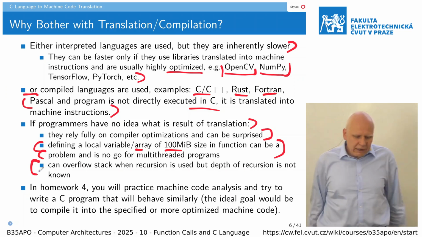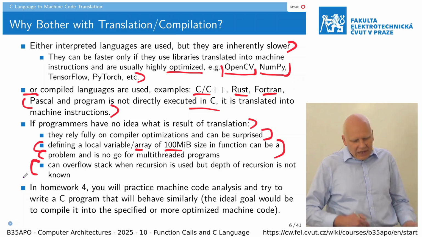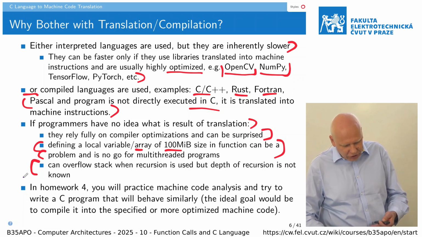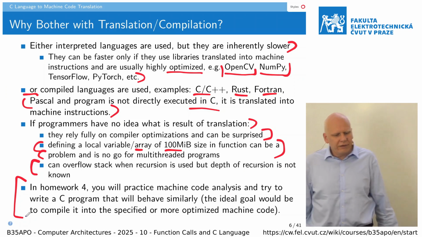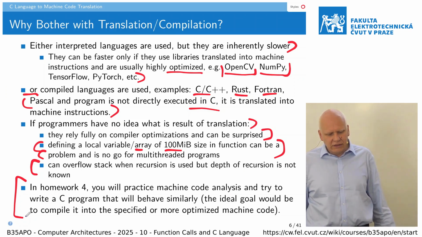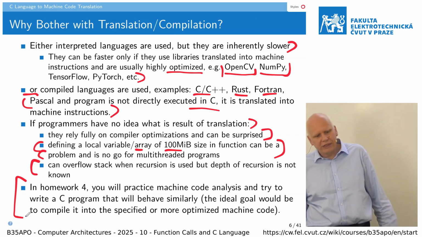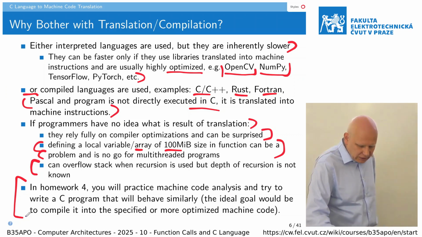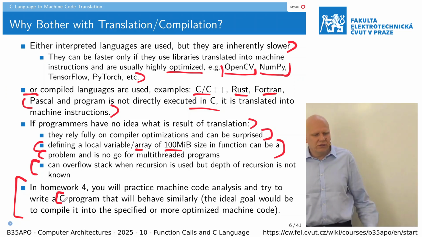So to have some idea how the code is translated and what the function is in the machine code, how it corresponds to the C source, you will have homework number 4, where you get a listing in RISC-V assembly and in x86 and MIPS assembly of the same code written originally in the C language, but you will not have the sources.